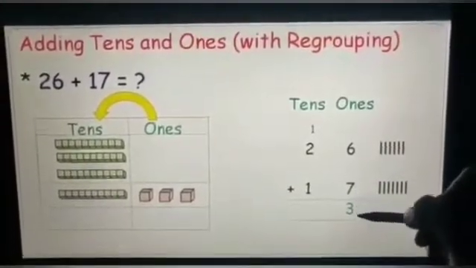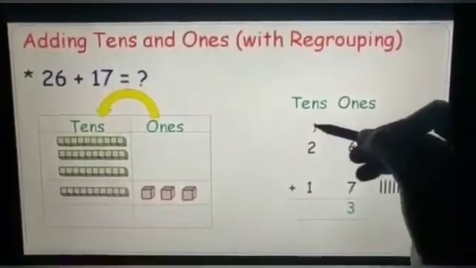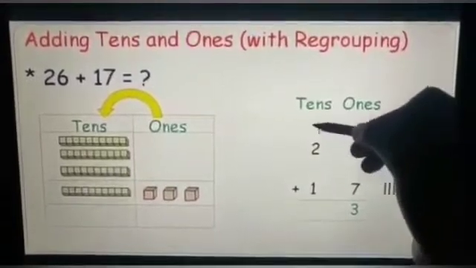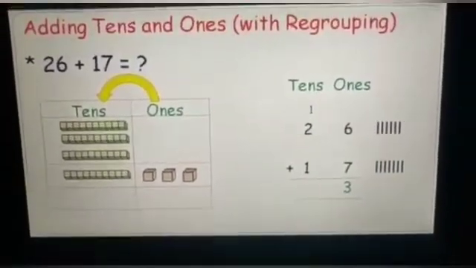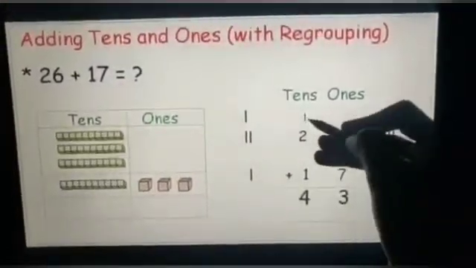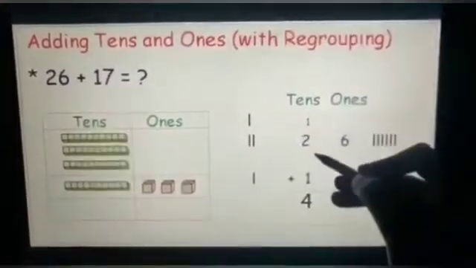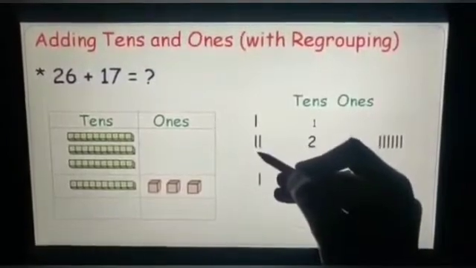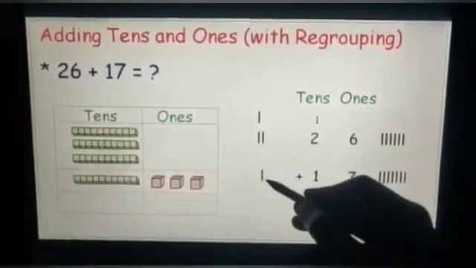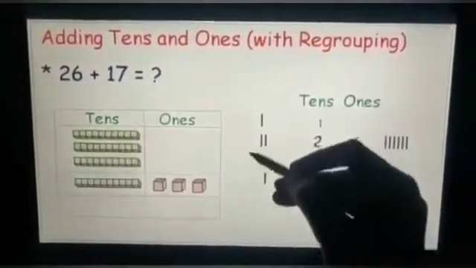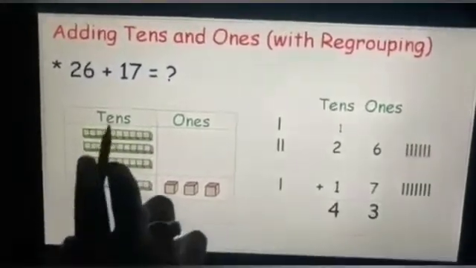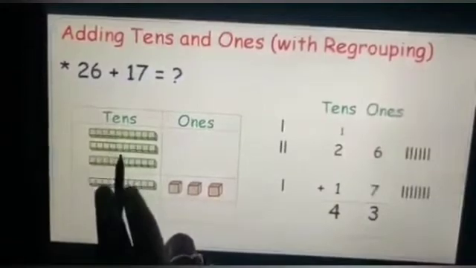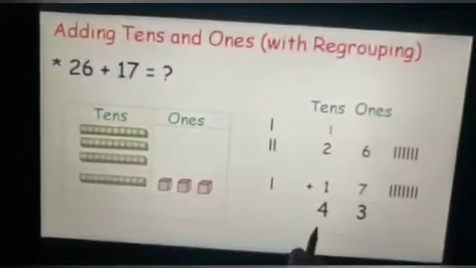I have written 3 ones over here, and that 1 ten is here, which is known as carry. Now I'll count. For 1, I'll draw 1 vertical line. For number 2, I'll draw 2 vertical lines. For 1, again 1. I'll count all these: 1, 2, 3, 4. 4. Or I can see here how many tens blocks? 1, 2, 3, 4. 4.